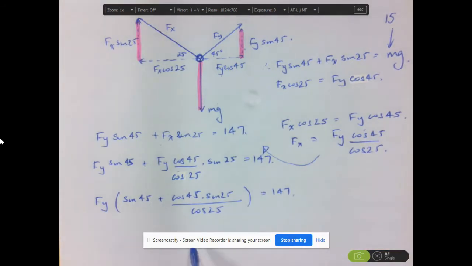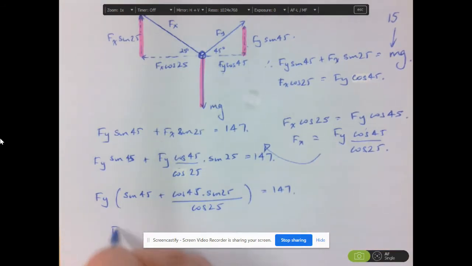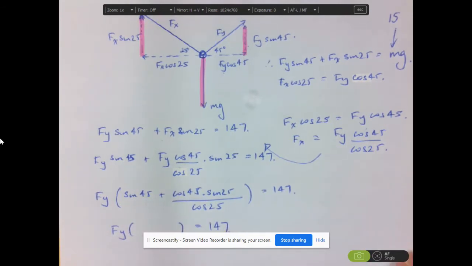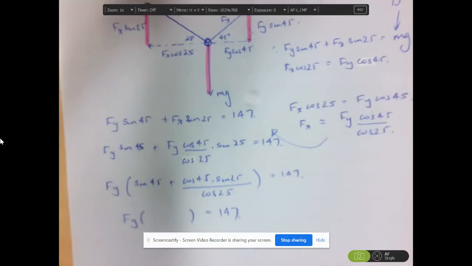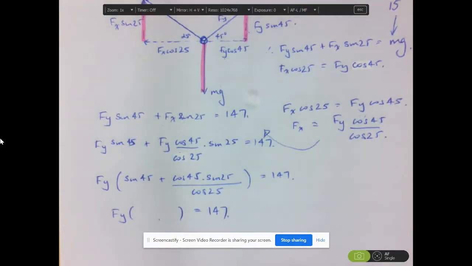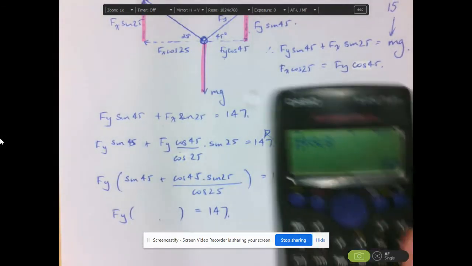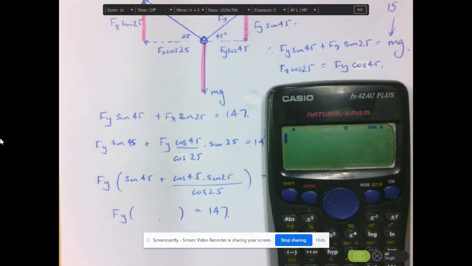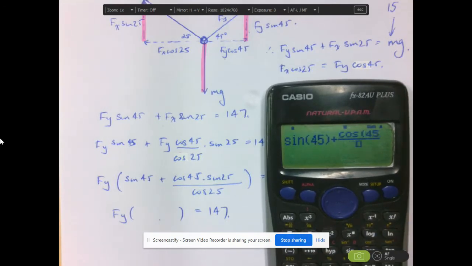Solving now for Fy, I'm going to help you out there by creating this value in here. So just popping that in, that would be sine 45 plus cos 45 times sine 25 over cos 25.